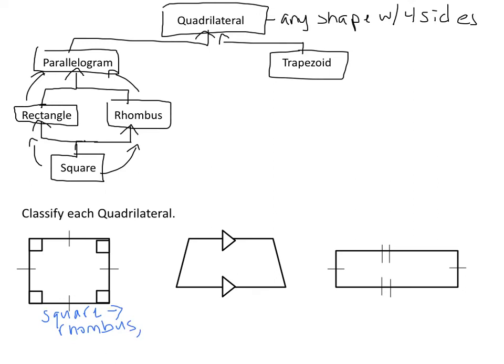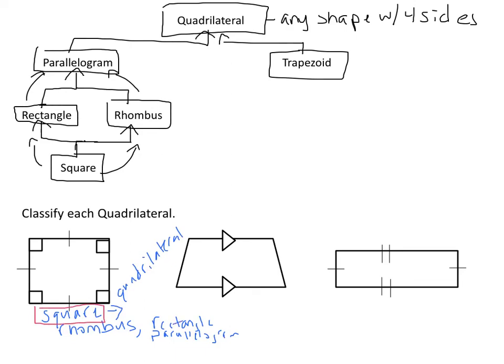Because it has 4 right angles and opposite sides are congruent, it is also a rectangle. And because it's a rectangle and a rhombus, it's also a parallelogram. And because it's a parallelogram, it is also a quadrilateral. Typically what we're looking for is just square, but it is actually all of these other things as well.